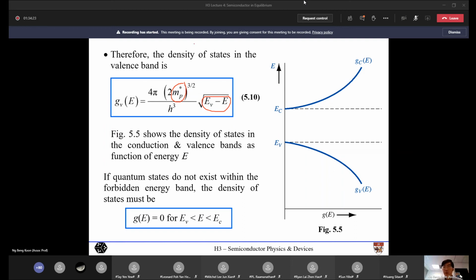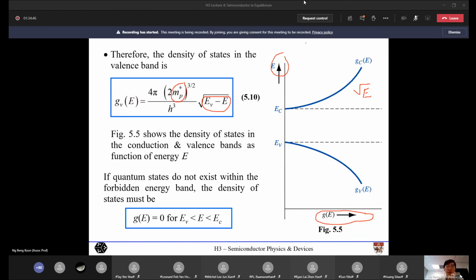If you plot the graph of energy against the density of state for the conduction and valence band, these are the two curves. It's a root E relation. But take note that in this case, the density of state is plotted on the horizontal axis and the energy is on the vertical axis.